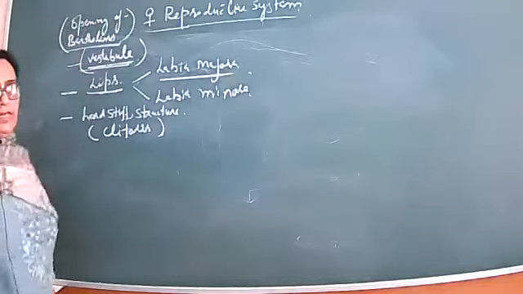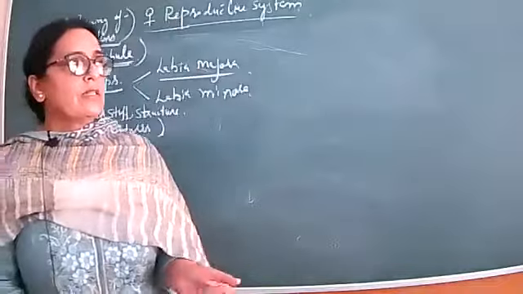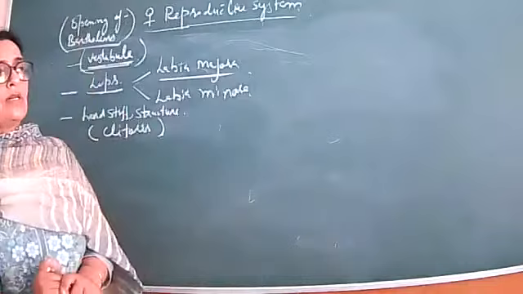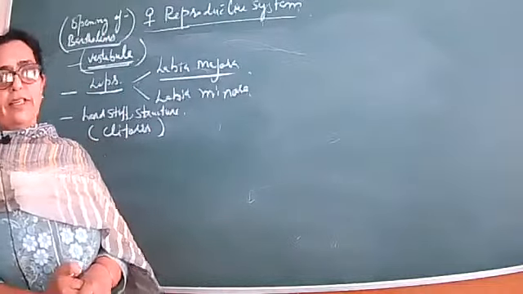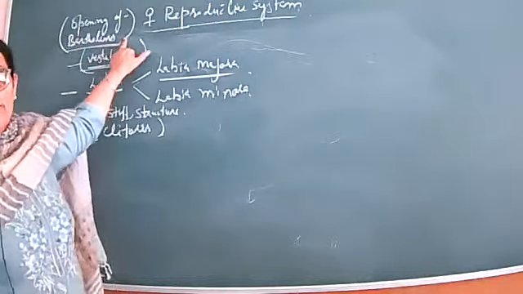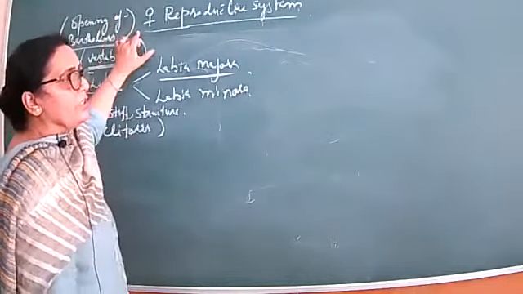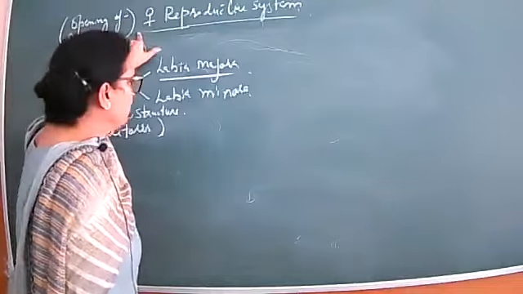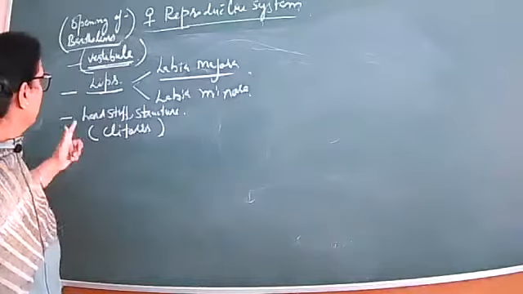Now, what is the function of that? When copulation is to take place, that area should be moistened, so mucus is secreted. The main function of the Bartholin's gland is to secrete mucus. When that mucus is secreted, it helps in the easy penetration of the male organ into the female through this vagina. That is the function of this.